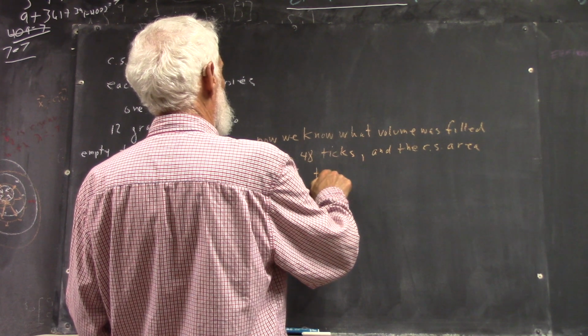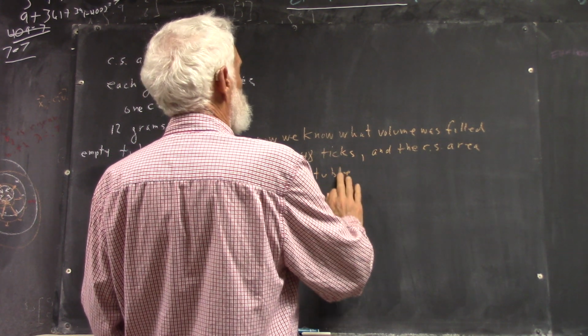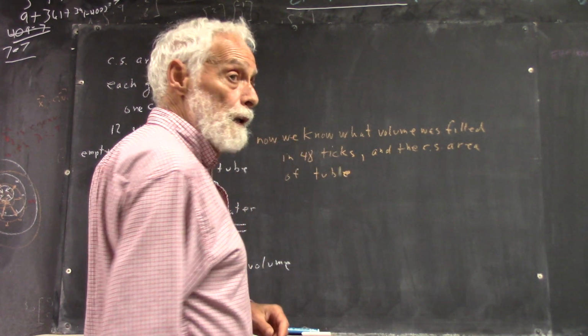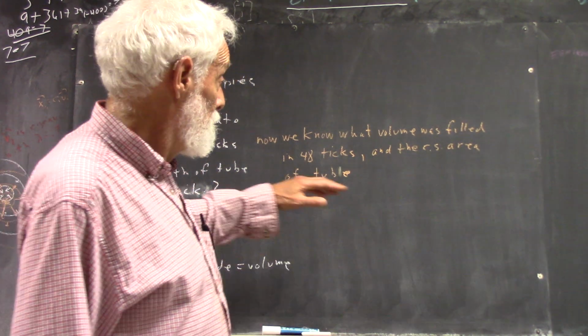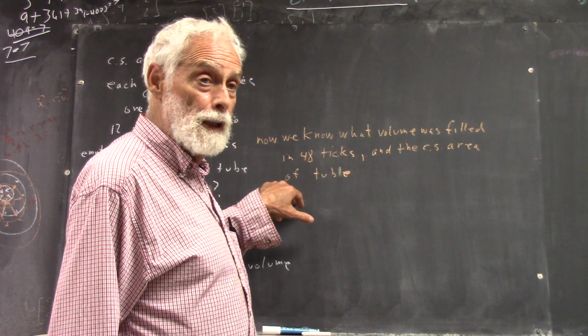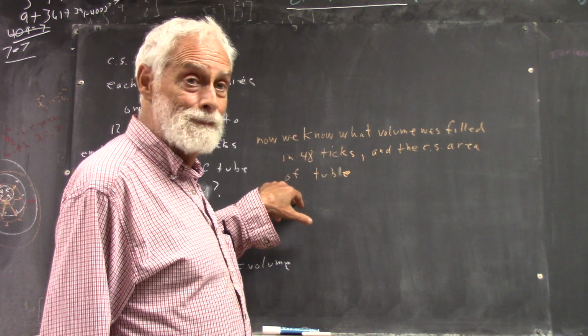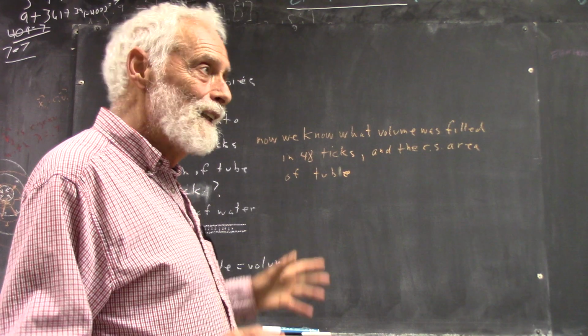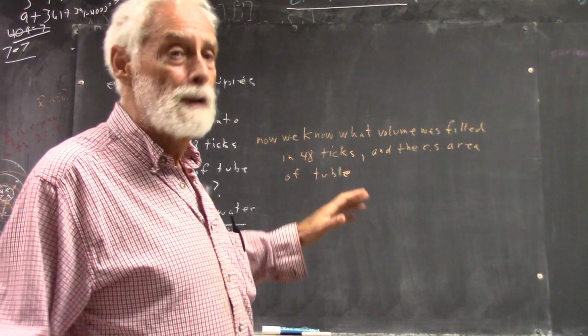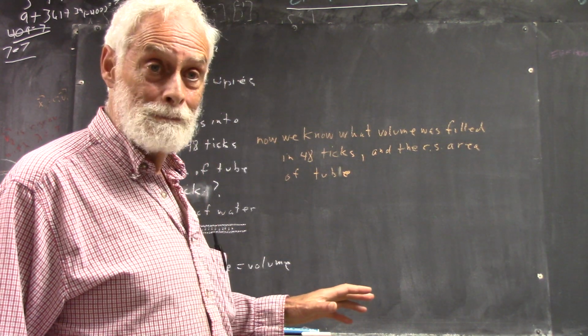And the cross-sectional area of the tube. And if you know that, and you understand a little bit about geometry of volumes, which again seems to be something that nobody seems to understand as well as they should, okay?